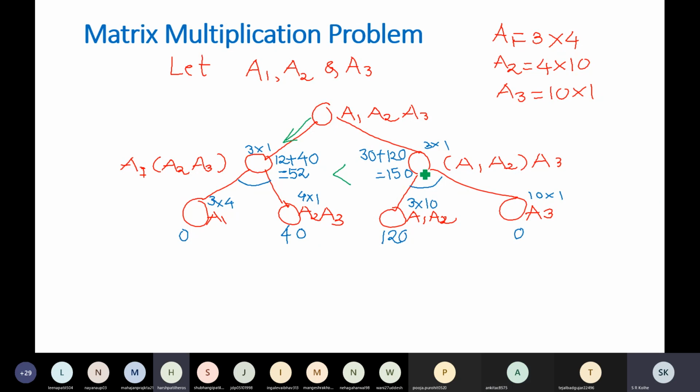Yes, sir. Now this is what the problem reduction technique is. This matrix multiplication problem you can solve by using the problem reduction technique, by dividing it or by representing that problem in the form of an AND OR graph.